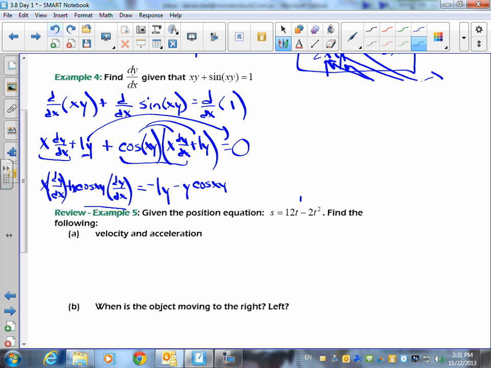The x doesn't go into the cosine, but it gets put on there, so it should be an x on the front. Yes. Thank you. You okay with me doing 2 steps in one now? We'll pause if it doesn't make sense. But dy dx is equal to the fraction negative 1y minus y cos xy divided by x plus x cos xy.